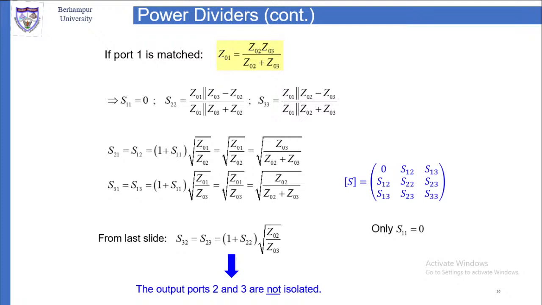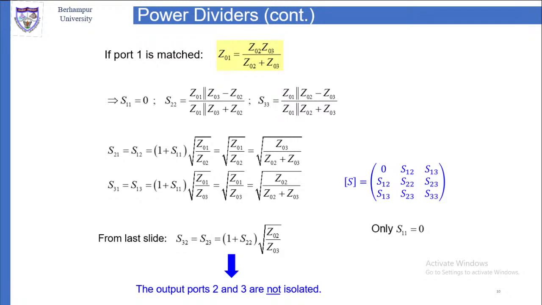Now put the expression for Z01, which is Z02, Z03 by Z02 plus Z03. Putting that, we get root over of Z03 by Z02 plus Z03. Similarly, S31 is equal to S13 is equal to root over of Z02 in the numerator divided by Z02 plus Z03 in the denominator.